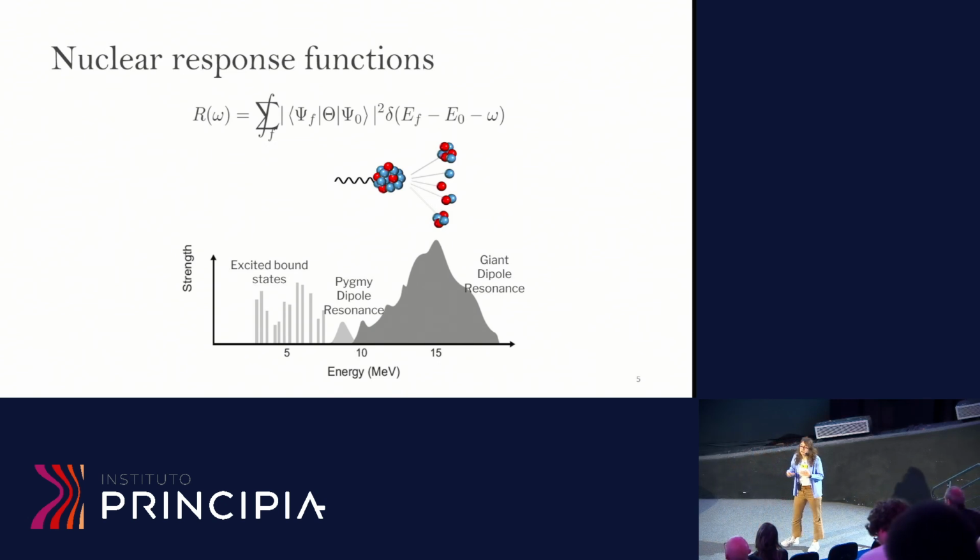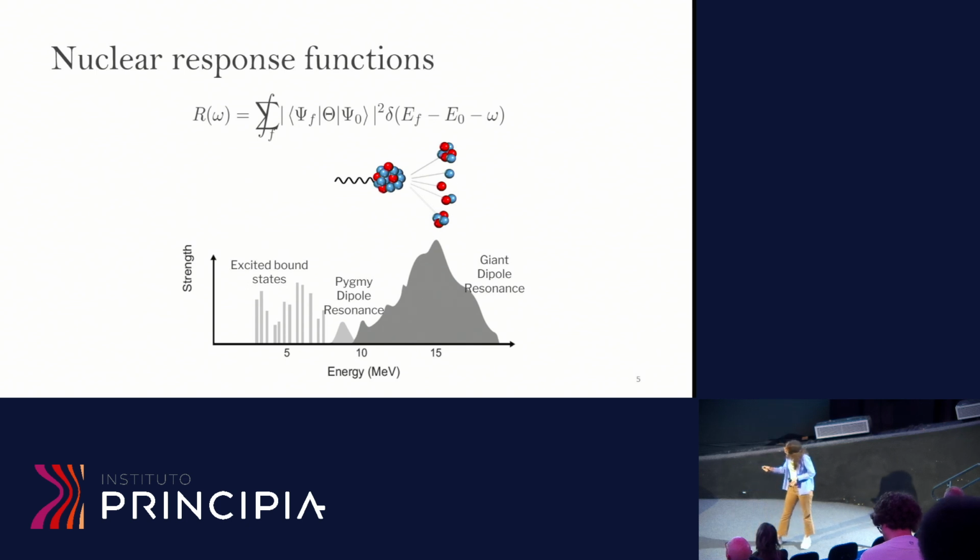It's an object that contains all the information regarding the behavior of the nucleus in the presence of an electromagnetic probe. In my case, I will focus in particular on electric dipole transitions, because we are interested in the electric dipole polarizability. In this specific case, the response function looks like this as a function of the energy of the photon.